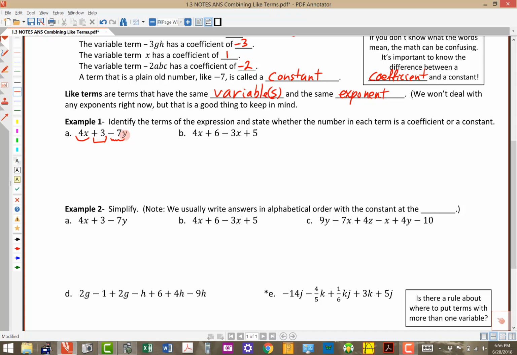Do a little squiggly here. That's another term. So I've got 3 terms right there. This has a variable and that has a variable. So these guys right here, 4 and -7, those are coefficients. And that 3 right there is a constant.